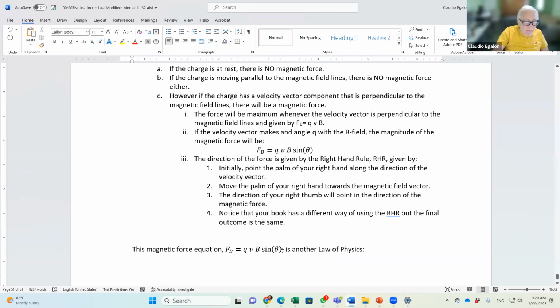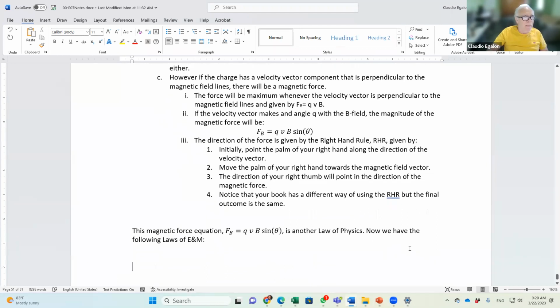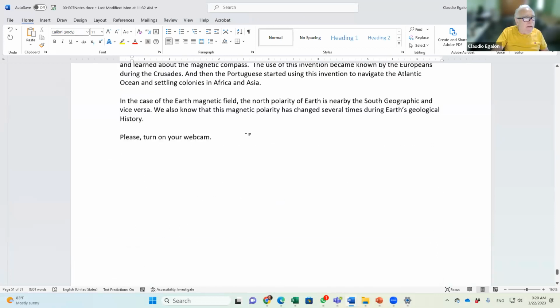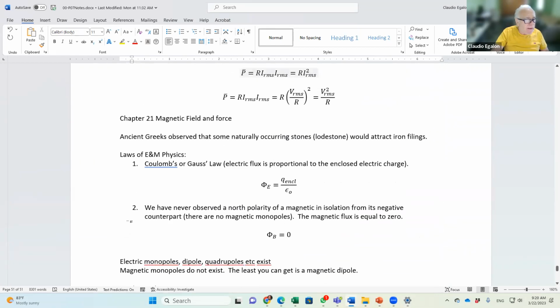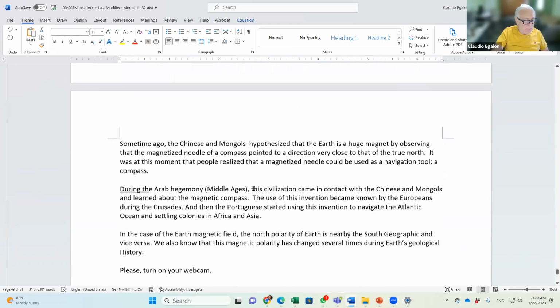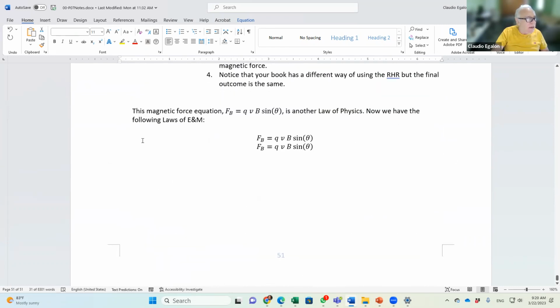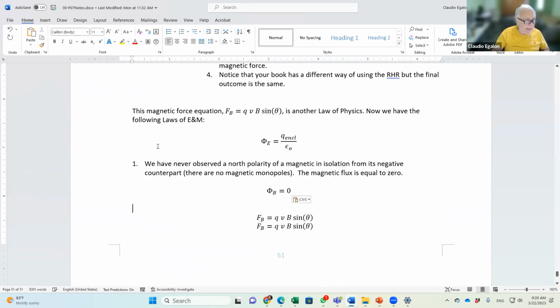So now we have the following laws of E&M, electricity and magnetism. Those 1, 2, 3. Now we have 3 laws of electricity and magnetism.